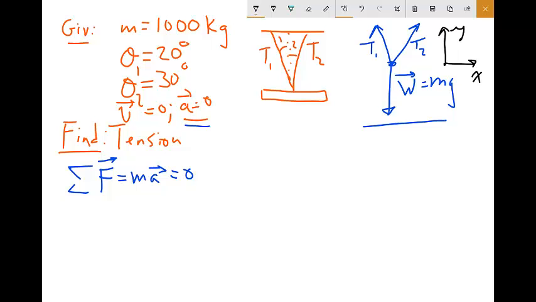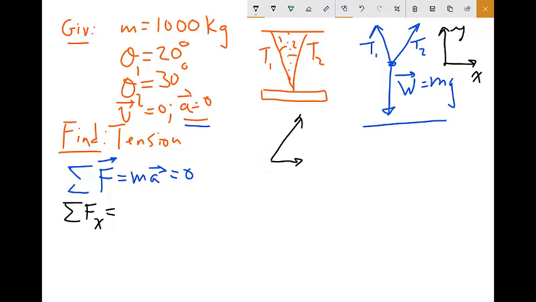And that means that the net F in the x direction is going to be equal to this component of T2 combined with this component of T1, right? Okay. I don't want to put those on the free body diagram, but let me redraw it so that we can see it. So T2 is like this, right?